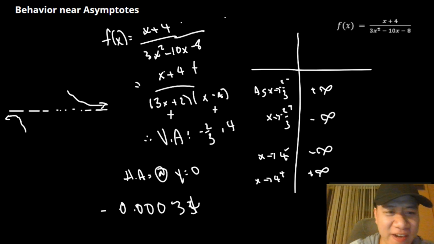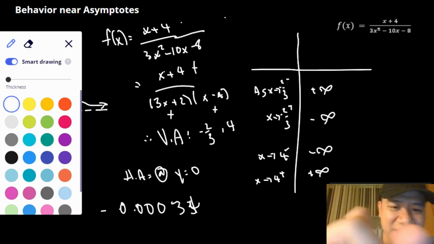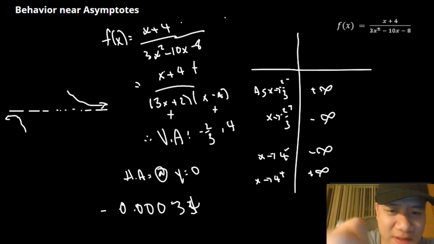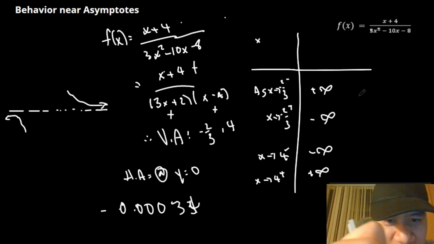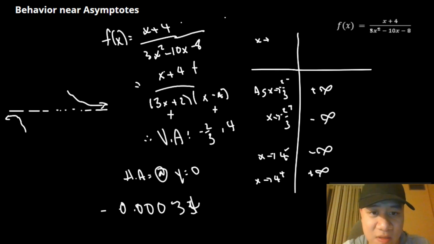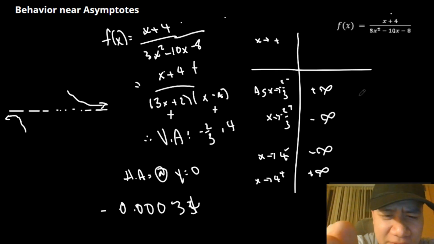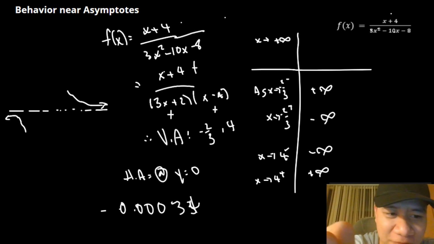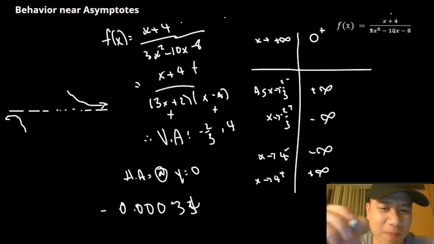Okay, so we can write our result in a little table here to organize it. So as x is going to positive infinity, our function approaches 0 from above. And the way we write that is with a little plus sign.